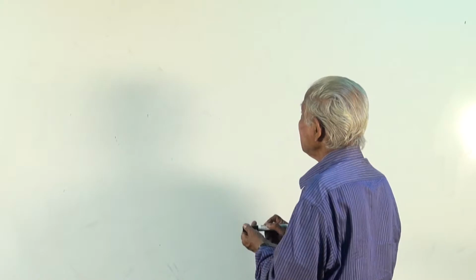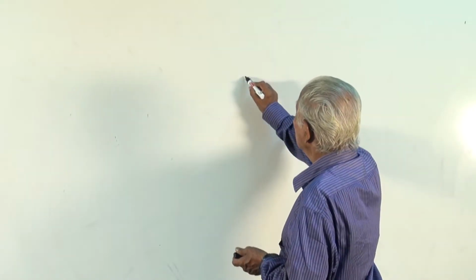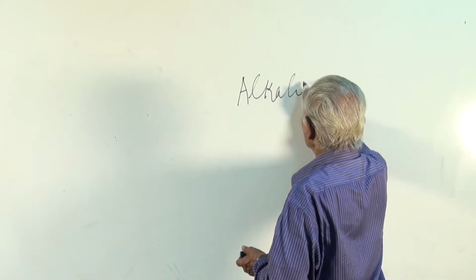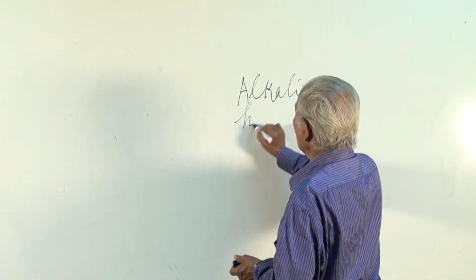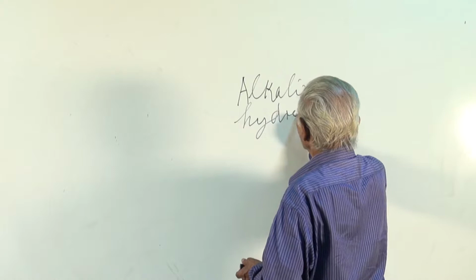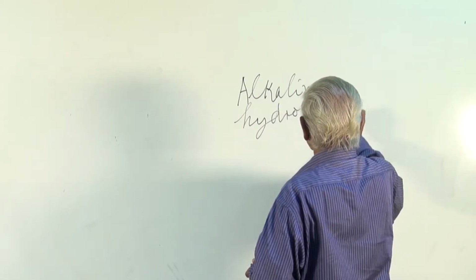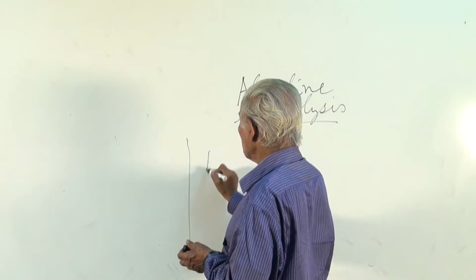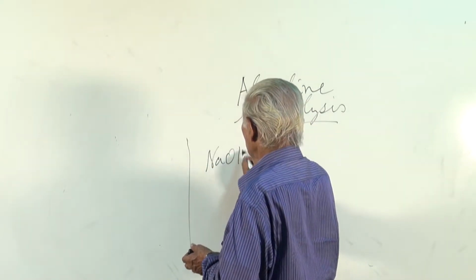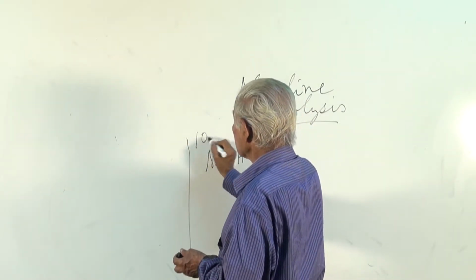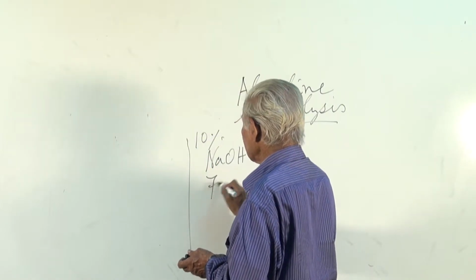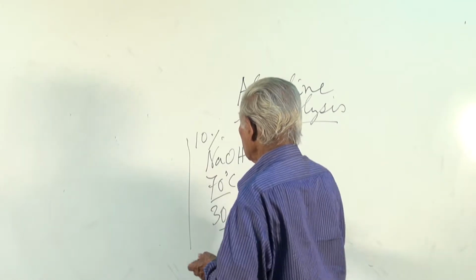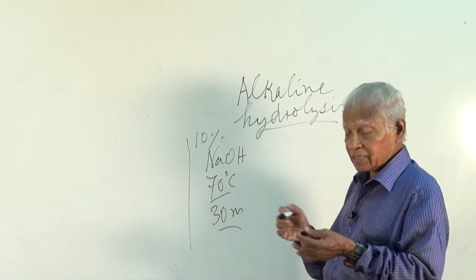Now let us spend a few minutes on this alkaline hydrolysis finishing for polyester. Now if polyester fiber is treated with sodium hydroxide of 10% concentration at 70 degrees centigrade for about half an hour, it undergoes hydrolysis.